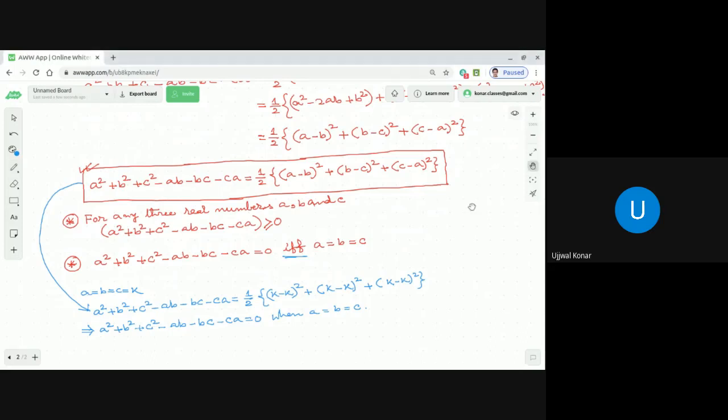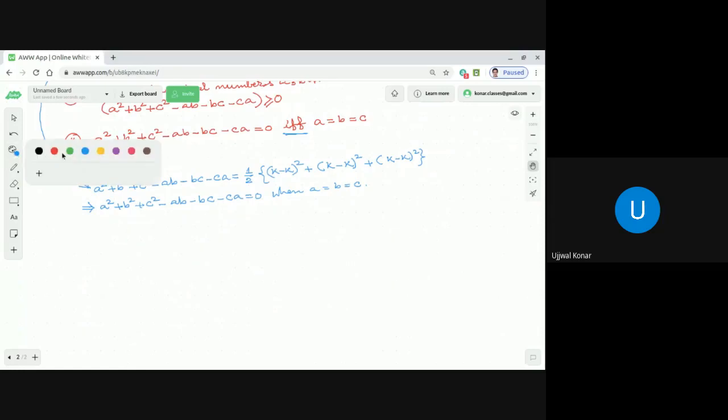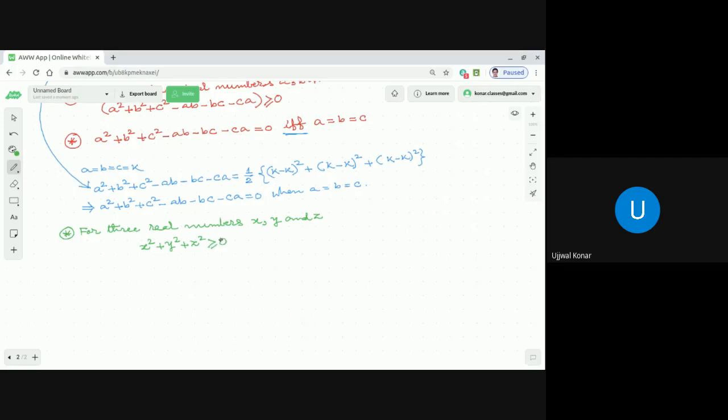So for any three real numbers x, y, and z, obviously a square is positive, right? Whether x, y and z are positive or negative, it should always be greater than 0. But we can write greater than or equal to 0 also.